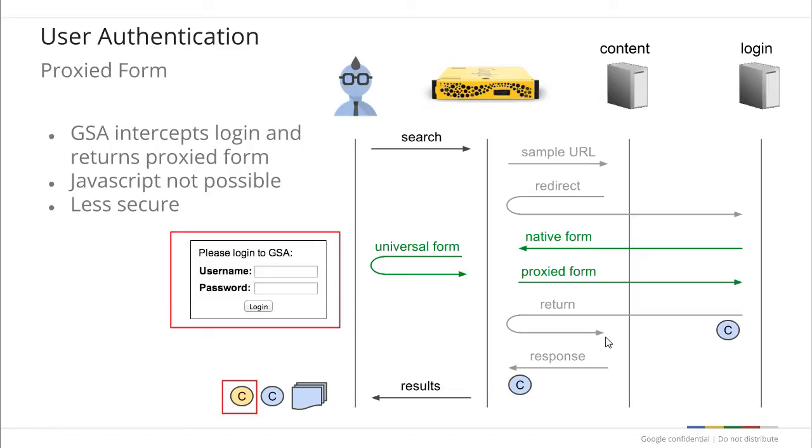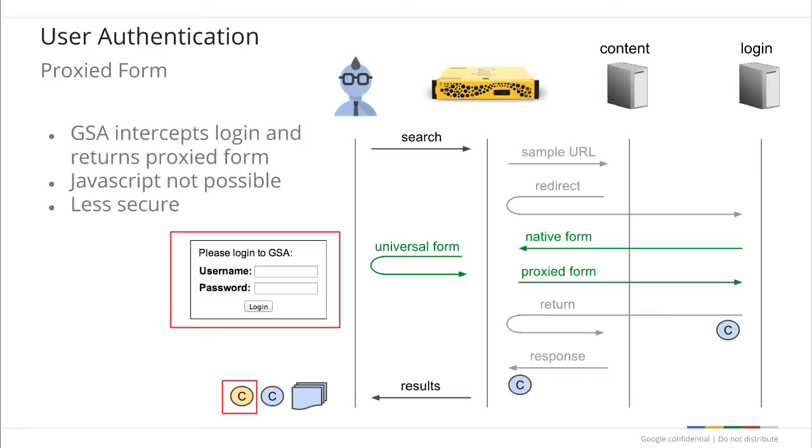Once the secure search has been run, the GSA returns the authorized search results along with the login cookie and its own session cookie back to the browser. When the user clicks on a search result, the user's browser will automatically send the login cookie to the content server without requiring authentication again.